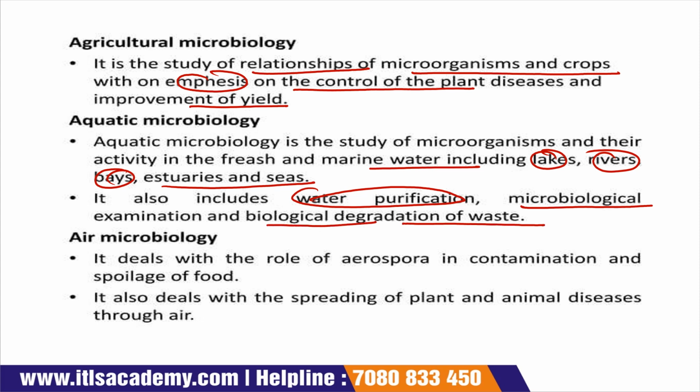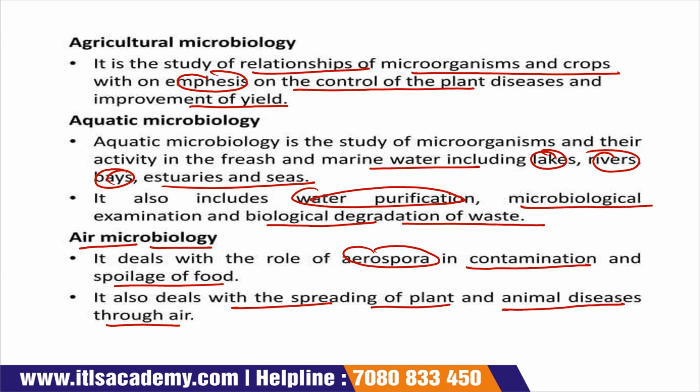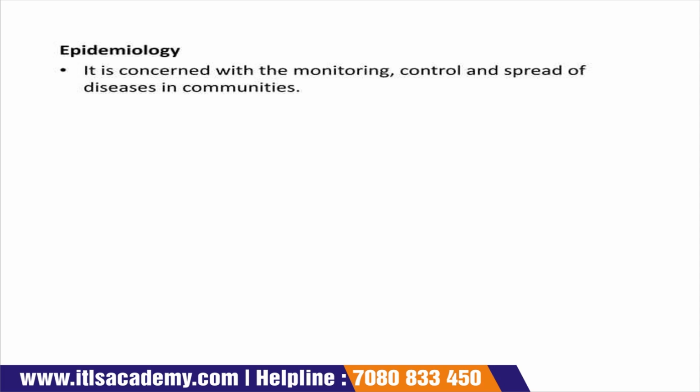Now the next category is air microbiology, which deals with the role of aerospora in contamination and also in spoilage of food. It also deals with the spreading of plant and animal diseases through the air. Now the next is epidemiology.